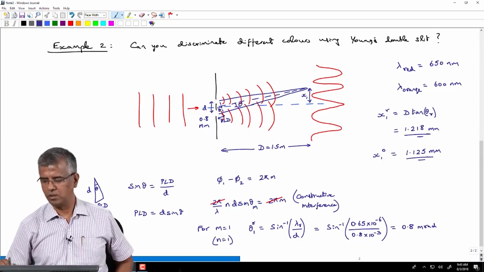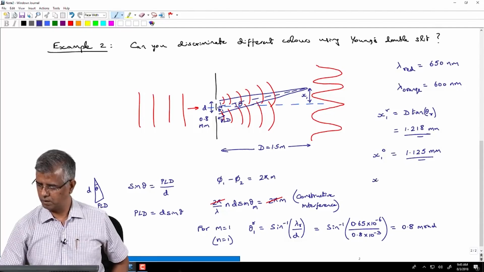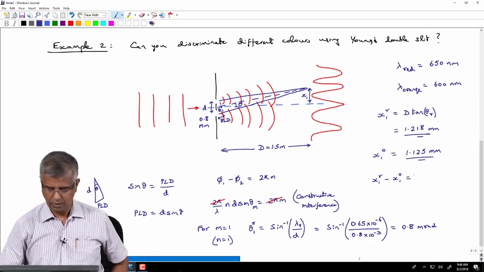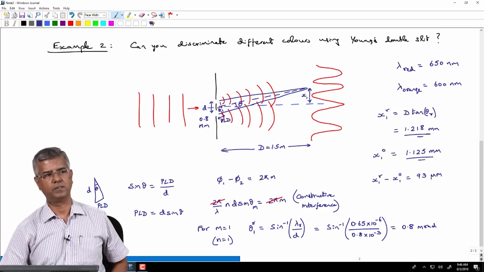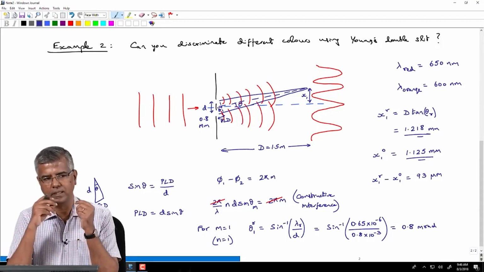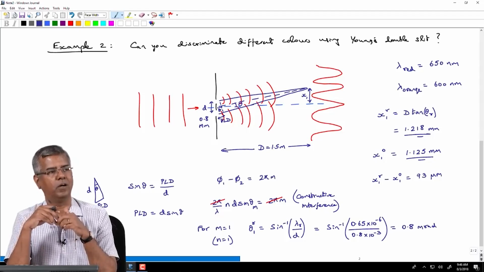Okay. So, the difference between those two, the position at which the red maxima happens and the position at which the orange maxima happens, is now 93 micrometers. So, you see the maximum for the red happening at a slightly different location from the maximum of the orange.